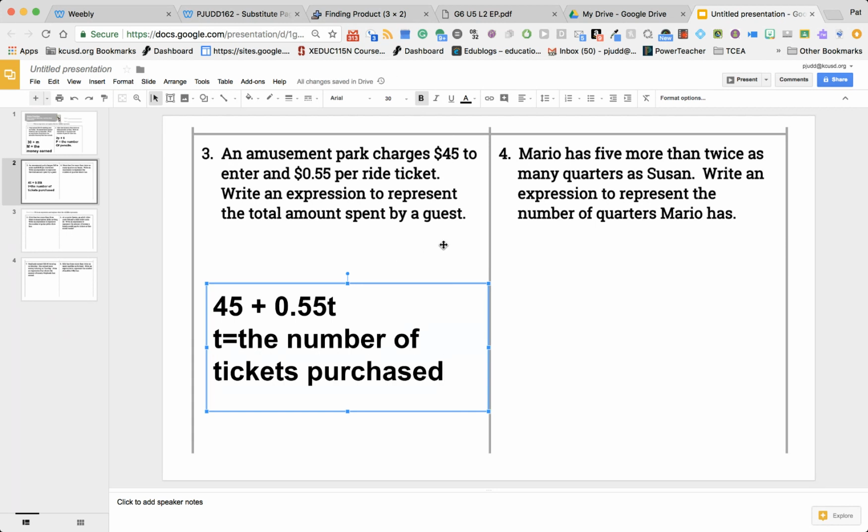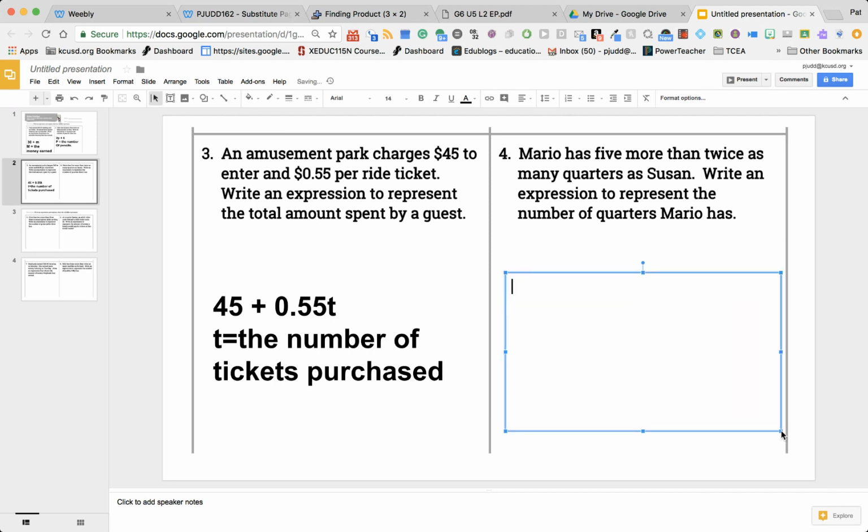Okay, so I have no doubt that your expression looks like this, your definition or your explanation matches this, and that you wrote down $45 and 55 cents per ride for the tickets. Now let's go to number 4 and see how you did with this.